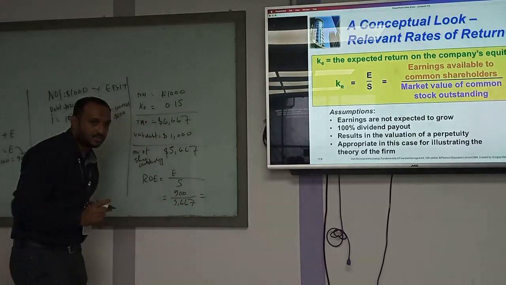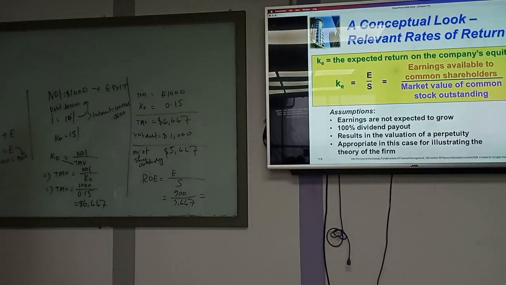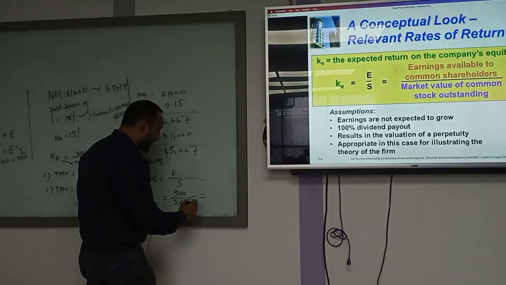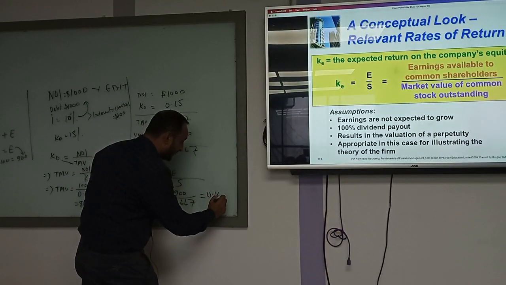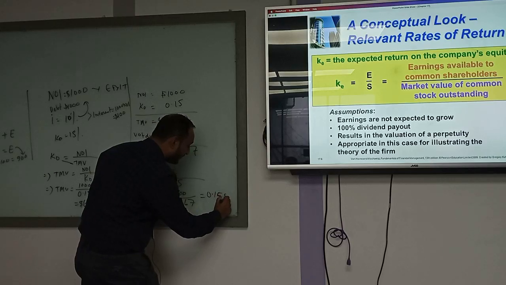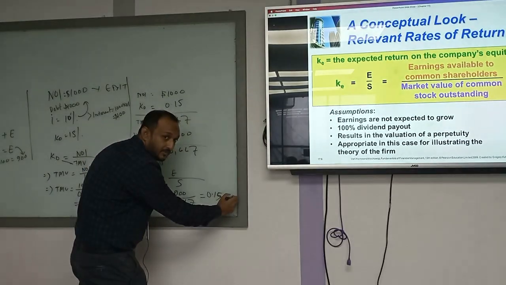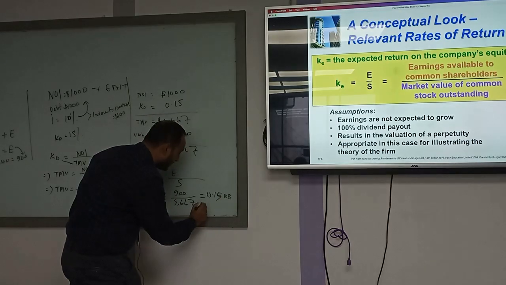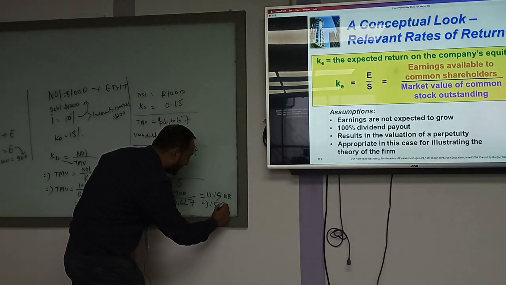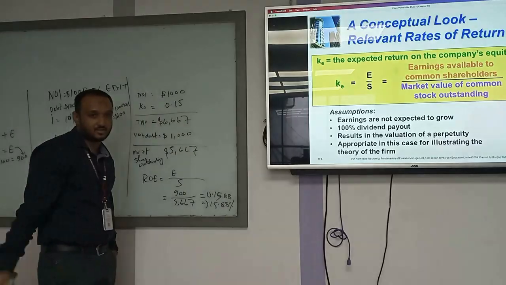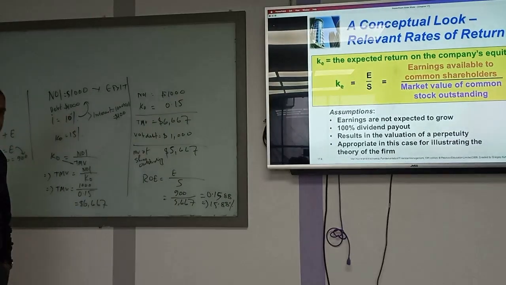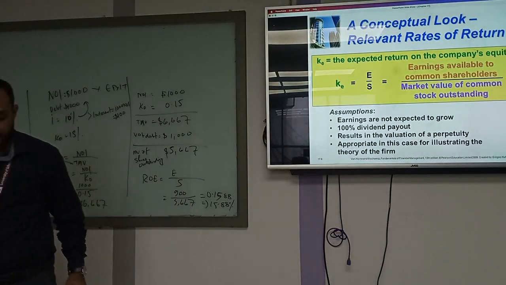So how much is that? 0.1516, 0.1588. So that means 15.88% is my ROE.